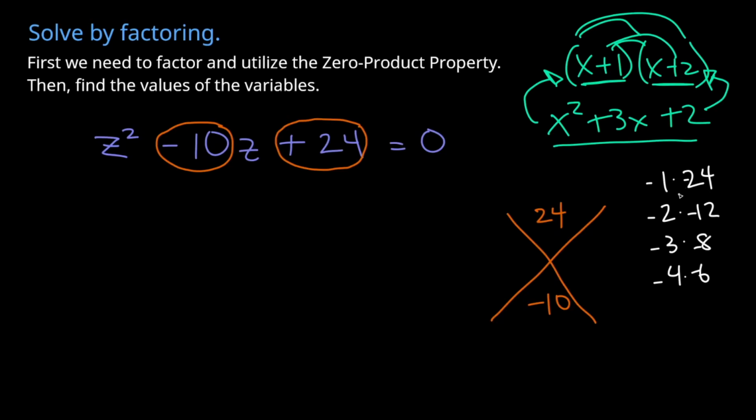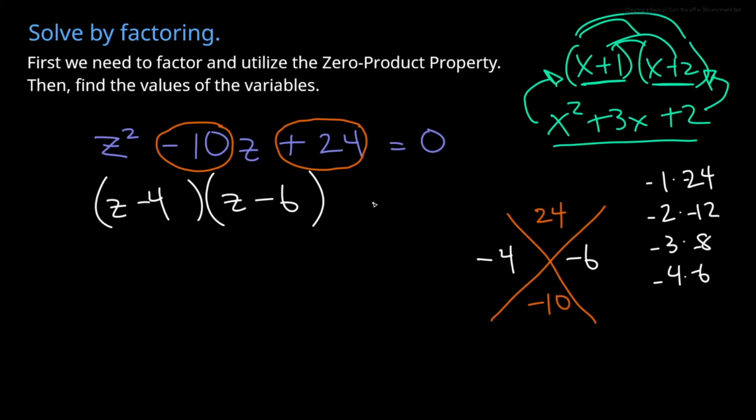So this adds up to -25, -14, -11, -10. So our two factors are going to be -4 and -6. So we can go ahead and plug those in. Make our factors right here. We have z minus 4 times z minus 6.